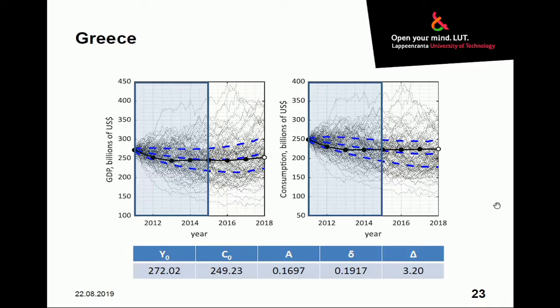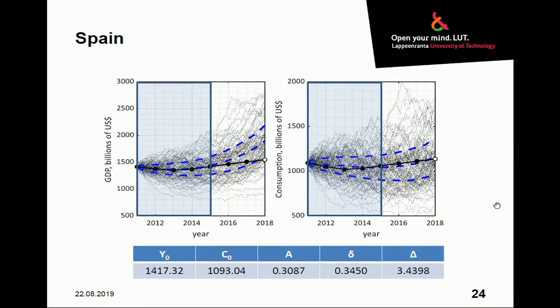My assumption was that the procedure would not be successful, but now we can see that the parameters are just reasonable, and the result presented on the slide matches the historical data, and the calibrated parameters give a rather good forecast for the GDP and consumption. The same for Spain, a little bit worse for GDP.